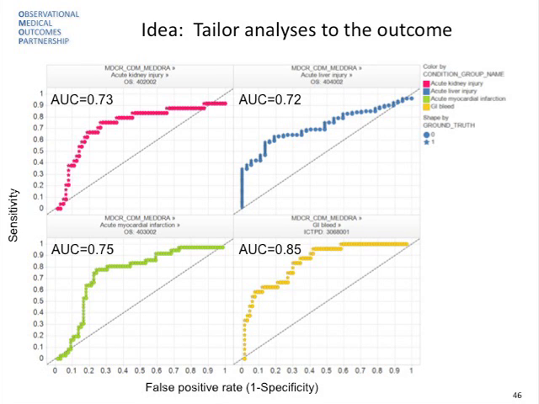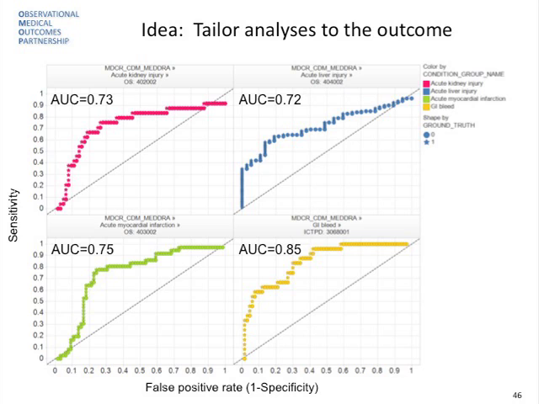And so here's one step in that direction. I'm showing you that same trellis plot of 4 ROC curves, again split out by outcome, so kidney injury, liver injury, GI bleed, and acute myocardial infarction. But you notice the AUCs are now a little bit higher. For kidney injury, we're now up at a 0.73. For liver injury, we're up at a 0.72.